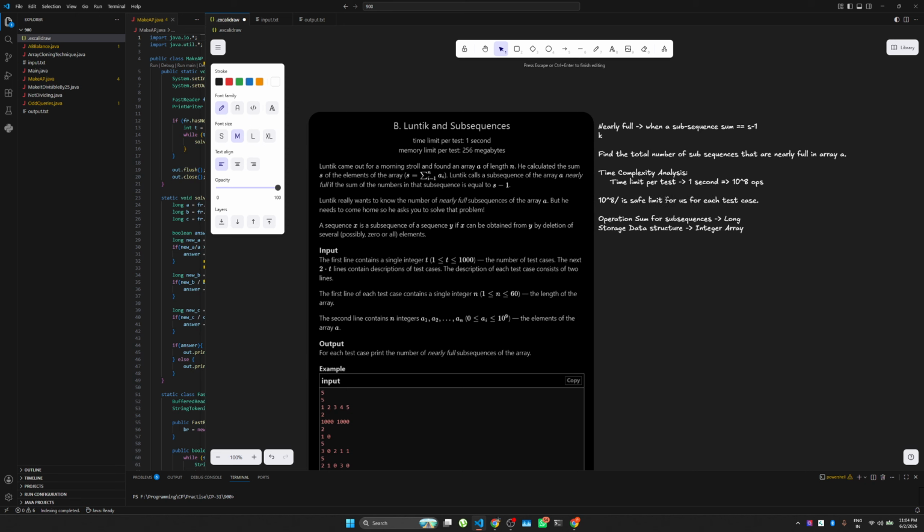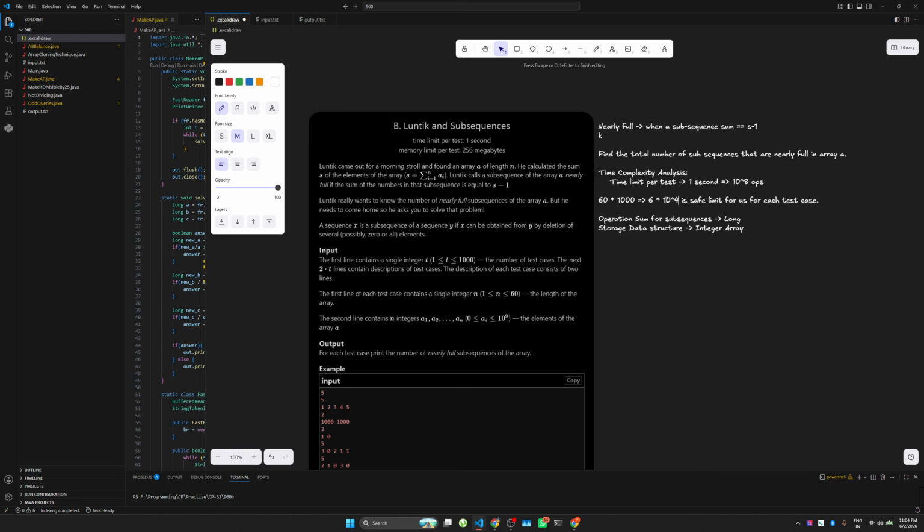So this is the number of operations that we have, n times the total number of test cases, let's say 60 at the highest. This gives us somewhere around 6 times 10 to the power 4.